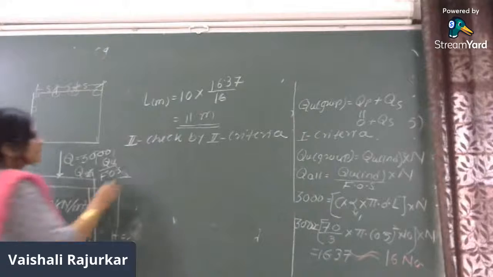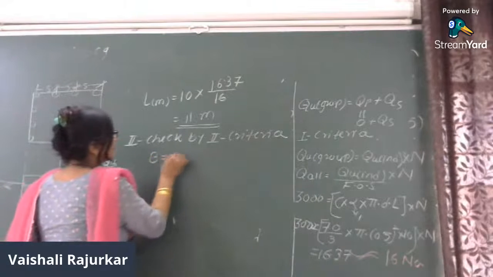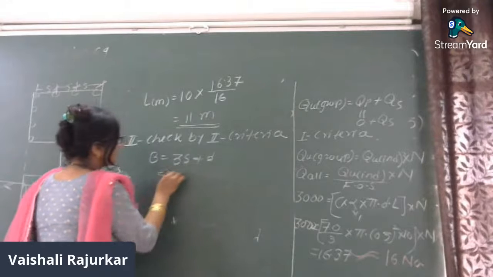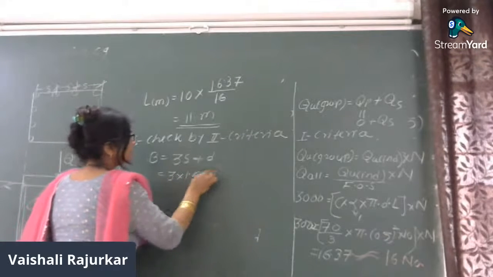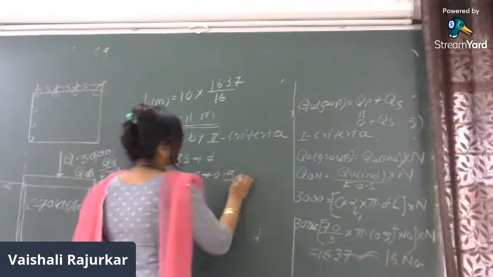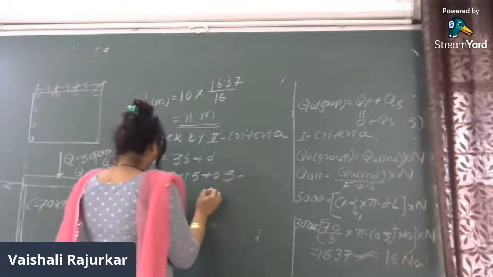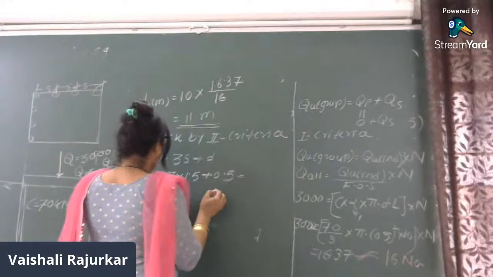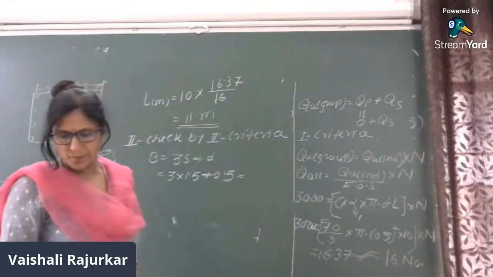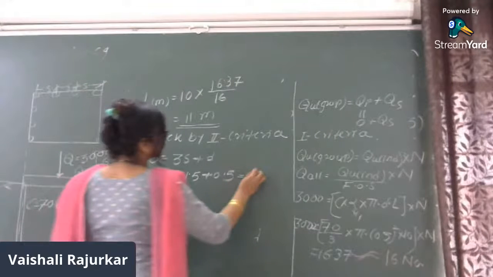So what is B? B is equal to 3 times S plus D. So it is 3 into 1.5 plus 0.5. So it is found to be 5 meters.